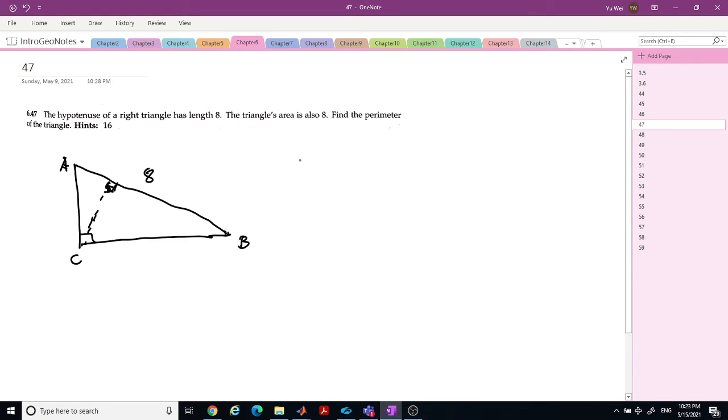So we know this is 8, right? So half of 8 times the height is 8, so we know the height equals 2. Right?